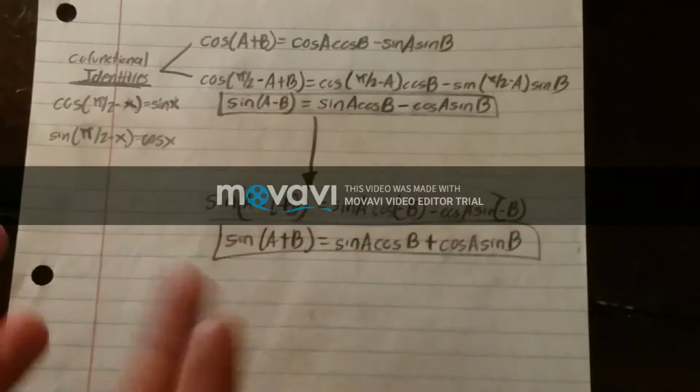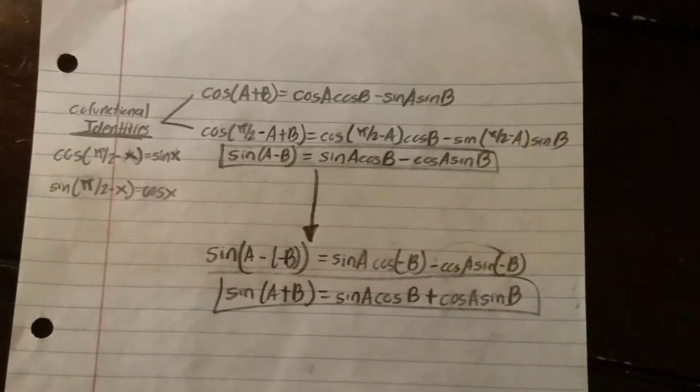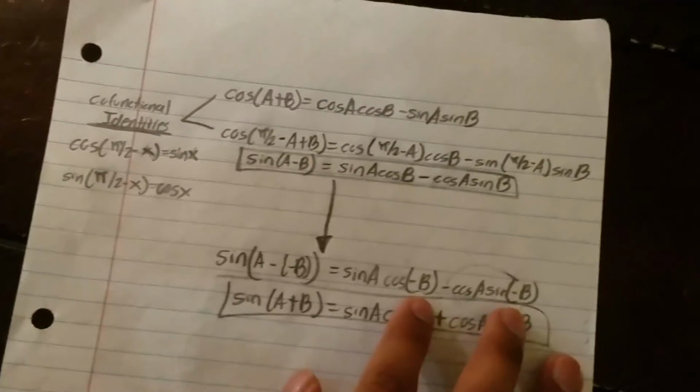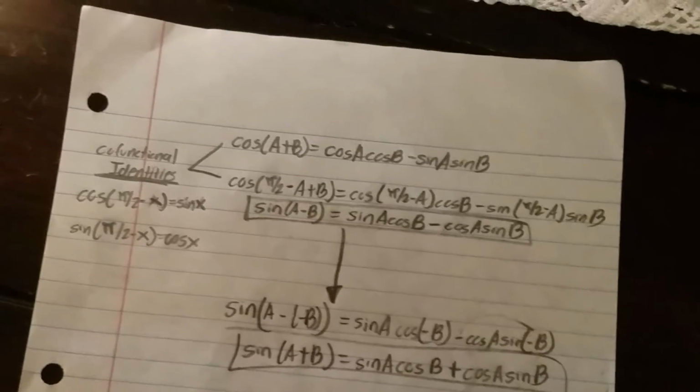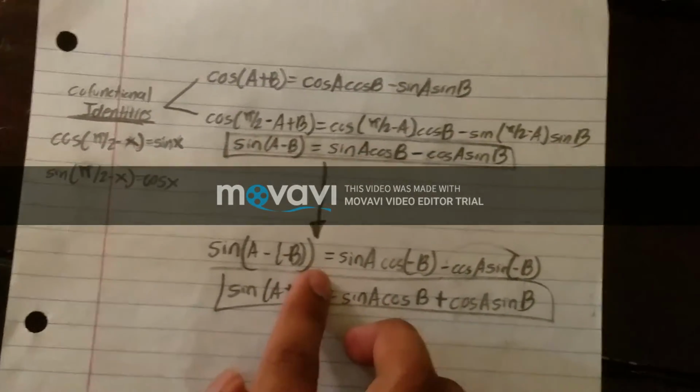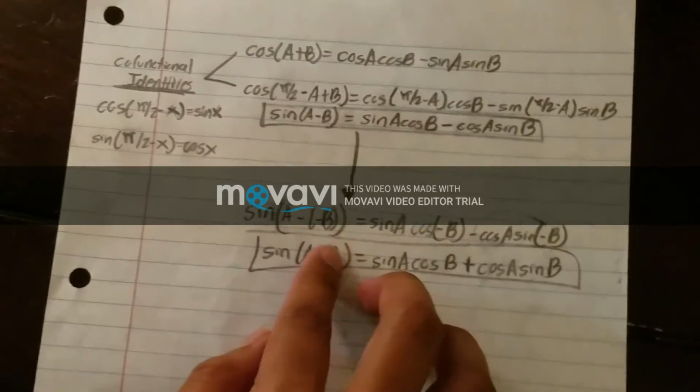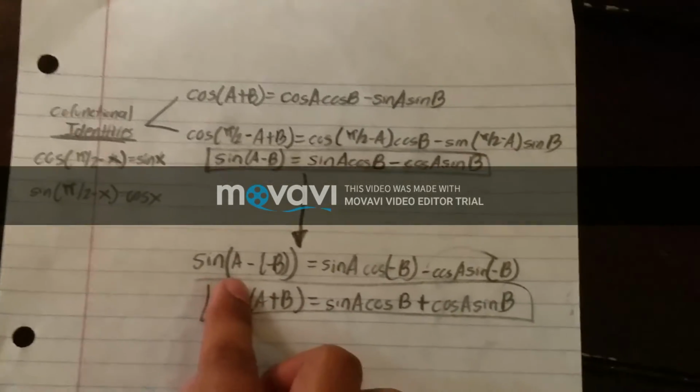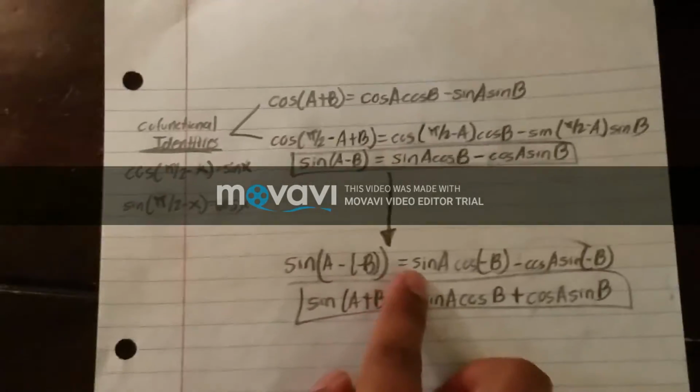We're going to replace B with negative B in each of the angles. So I just inputted all the negative B's where the positive B's originally were. So we have sine (A minus negative B) equals sine A times cosine negative B minus cosine A times sine negative B.